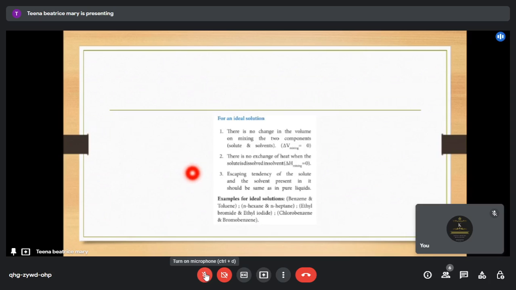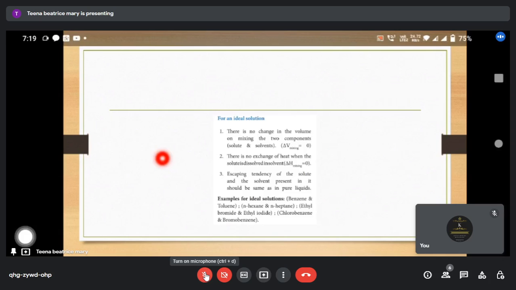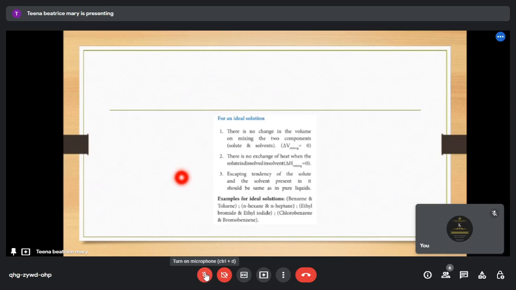And the third thing: the escaping tendency of the solute and the solvent present in it should be the same as in the pure liquid. What do we mean by escaping tendency? It means evaporation, a change of state.